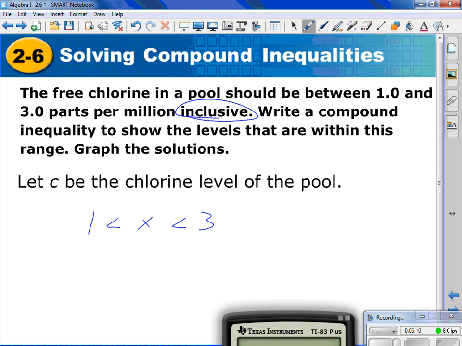Inclusive. The word inclusive has that prefix, "in," so it includes it. There you go. 1 is less than or equal to x is less than or equal to 3.